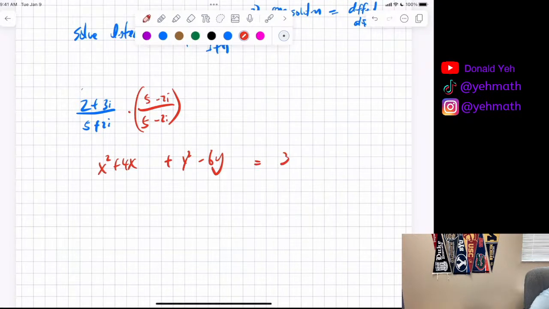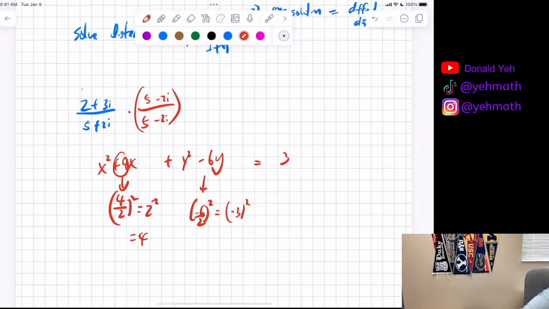Okay, you gotta be able to complete the square for the circles. To complete the square of the circle, take the number in front of x, take the 4 divided by 2 and square. Always take this -6 divided by 2 and square. So that's equal to 2 squared, that's equal to 4. This one's -3 squared, that's equal to 9. So that's going to be +4 and +9 on both sides.